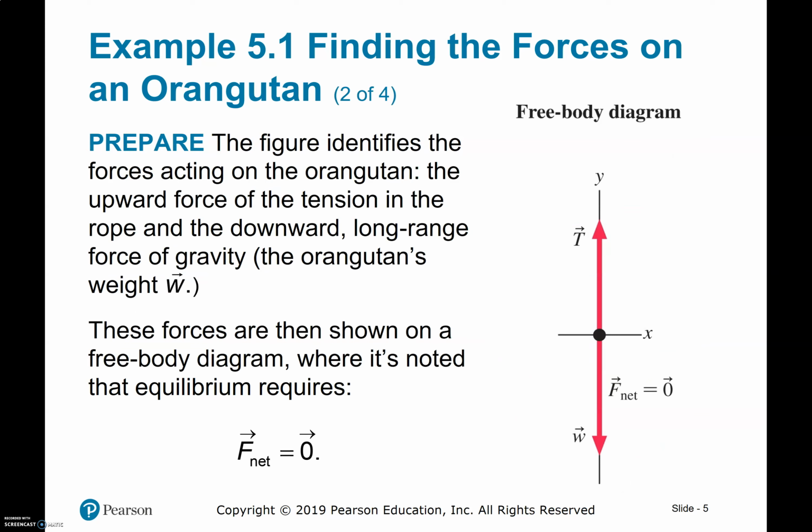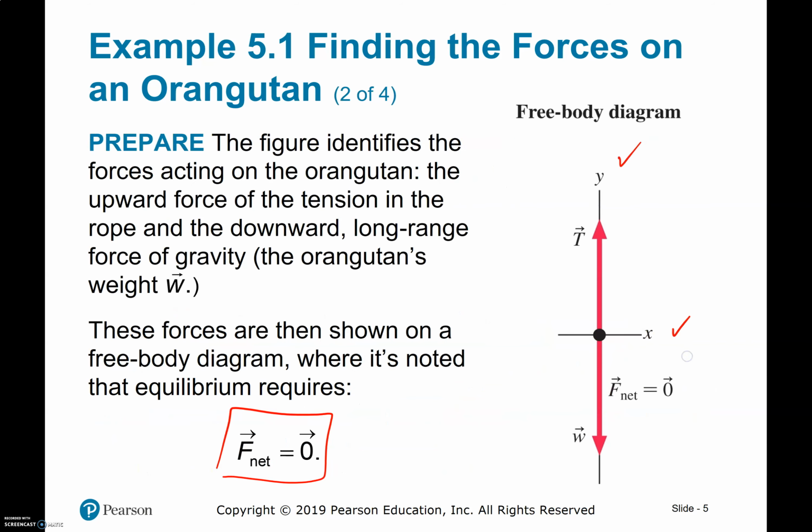Let's look at the steps. The first thing is a free body diagram. So we draw our coordinate system, x and y, and then we draw the two forces: the weight and the tension. This is a static equilibrium, so the net force is equal to zero. That's Newton's second law.